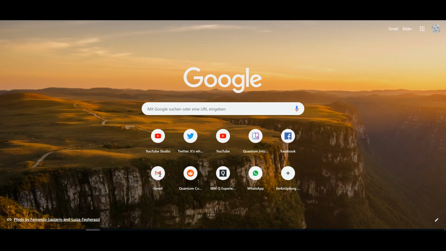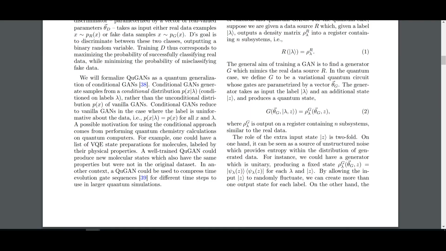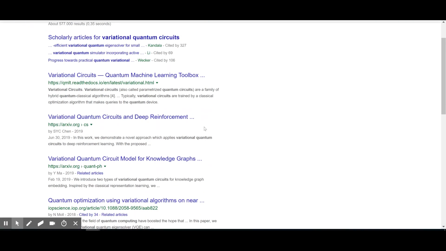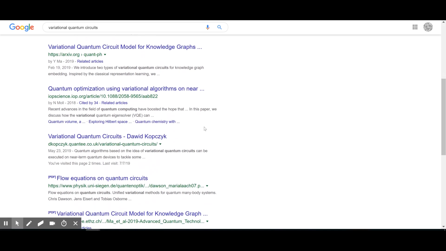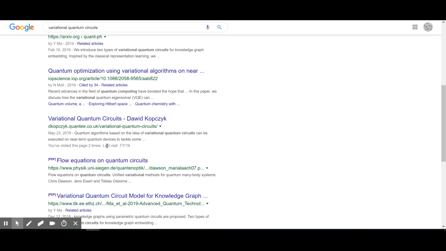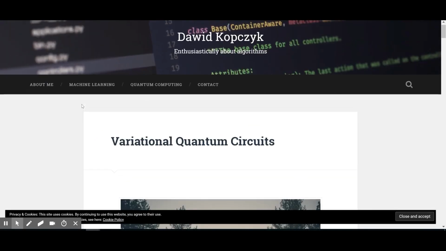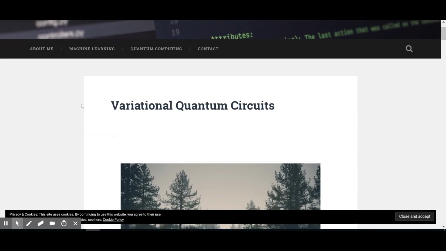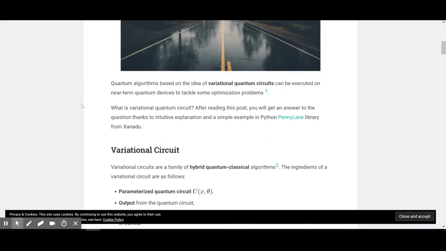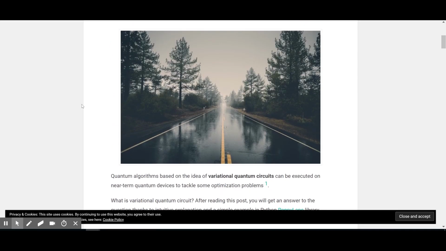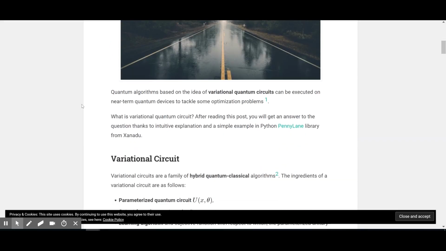I remember David Kopczyk, exactly. I remember he had a really interesting blog touching on quantum computing and machine learning. I found this out through the Warsaw Quantum Computing Facebook group.